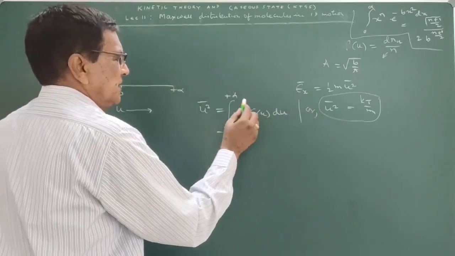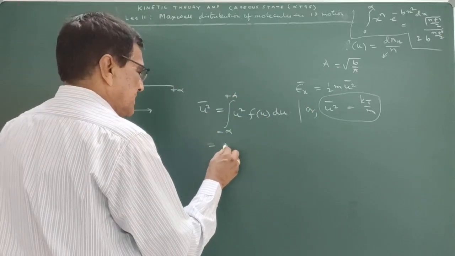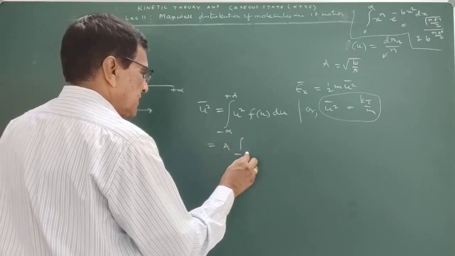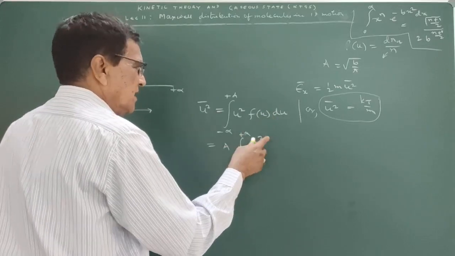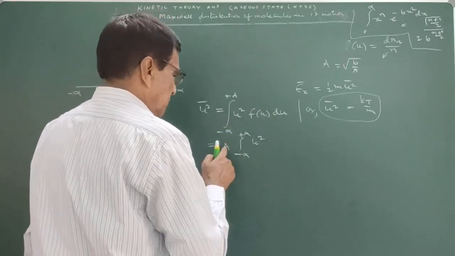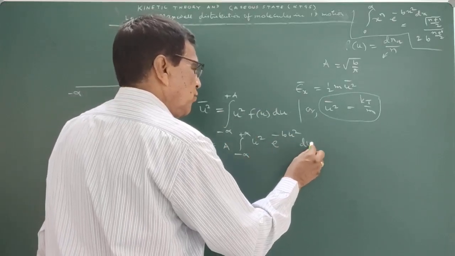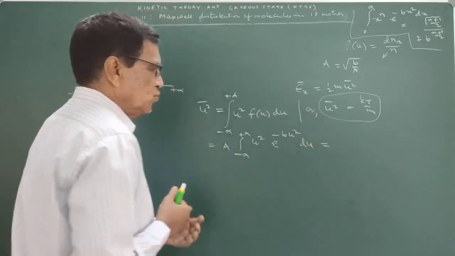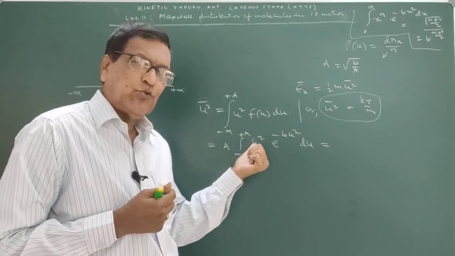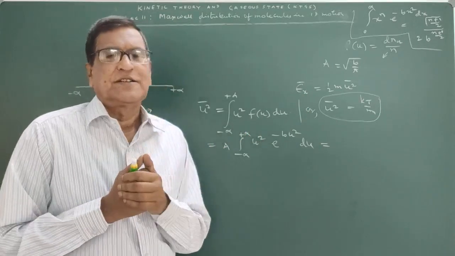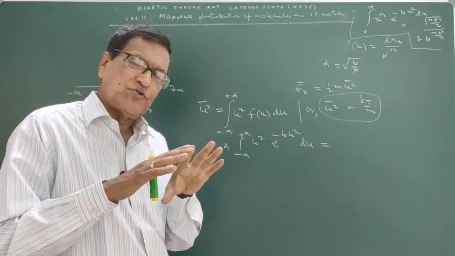So if you put f(u) here, then A comes out: minus infinity to plus infinity of u square, and instead of f(u), A into e to the power minus b u square du. And here you can also see the power of u is an even function. 0 is an even number, 2 is also an even number.